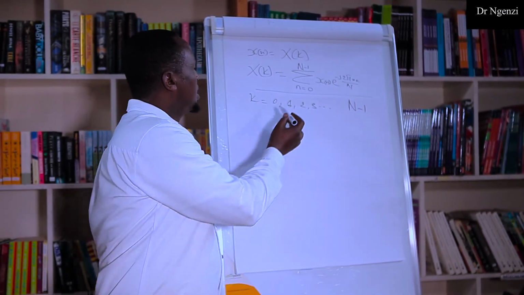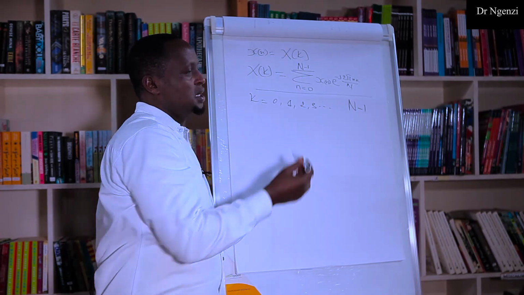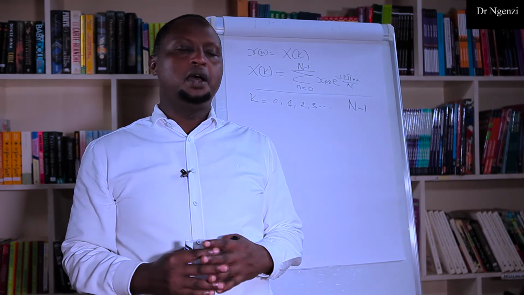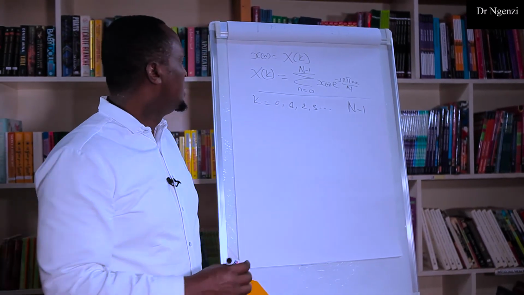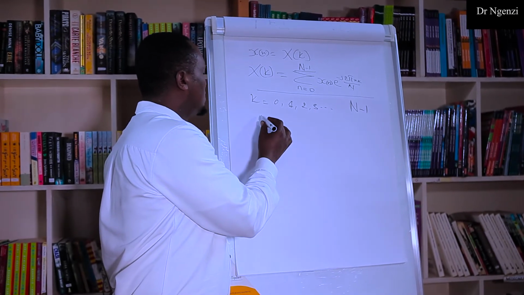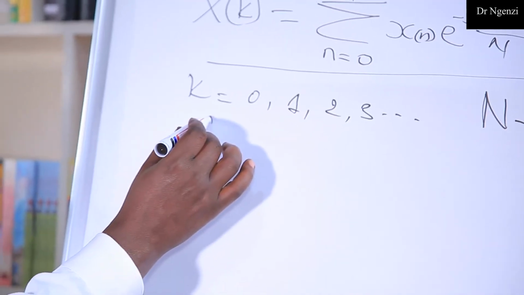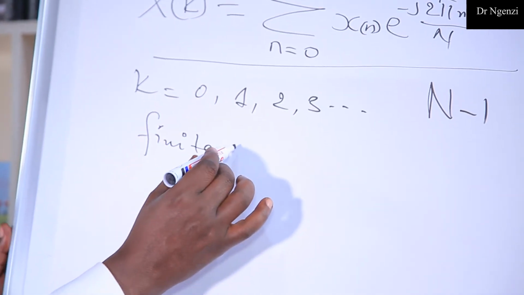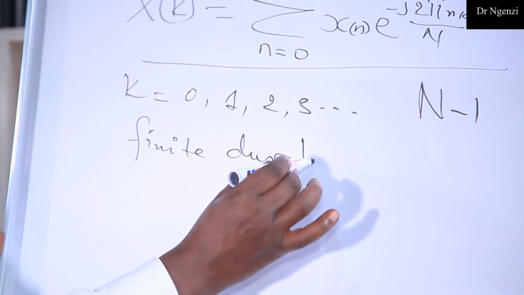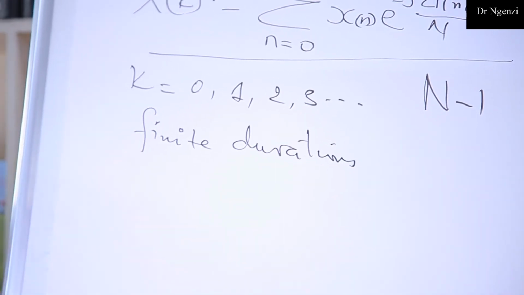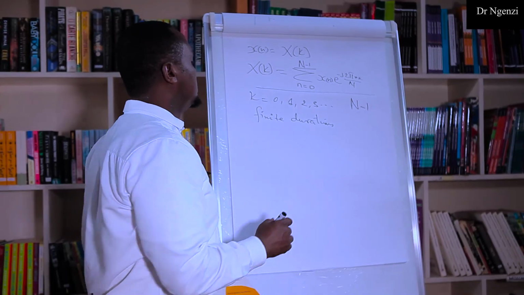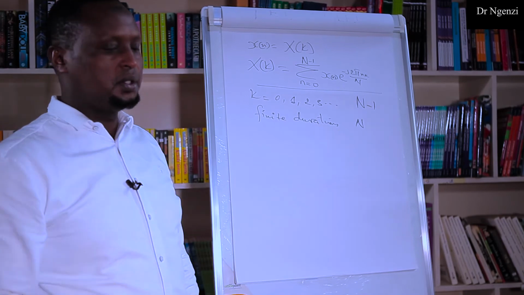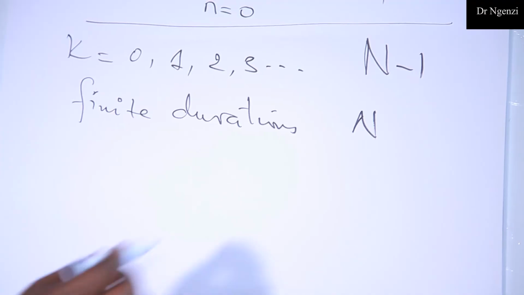That's why we began from 0, so that we do not have this element of infinity. So they are computed with their finite durations. The number of times here is known, which in this case is shown by N, or defined by N number of times.